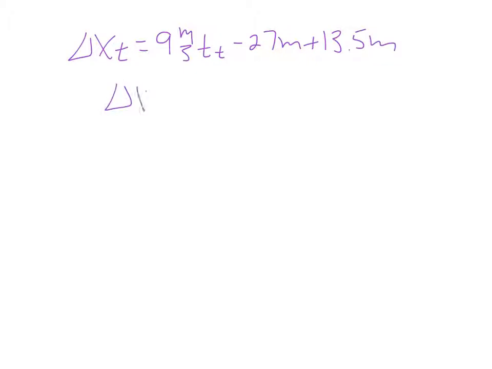So delta x total equals 9 meters per second t total minus 13.5 meters. X total in terms of t total, so this is the total distance covered divided by the total time that this takes. We eliminated the fact that the robber had the part 1 and the part 2, and now we're just looking at the whole picture.